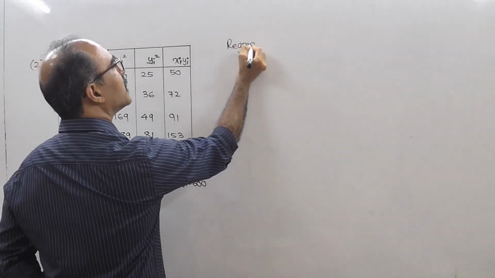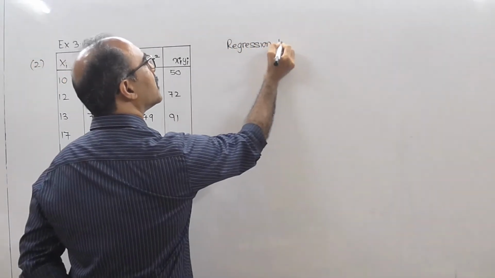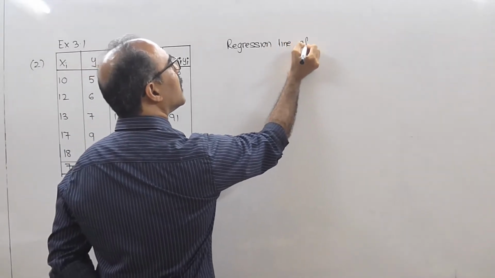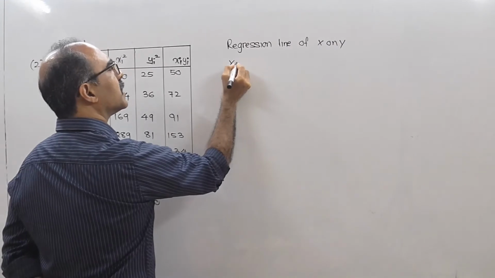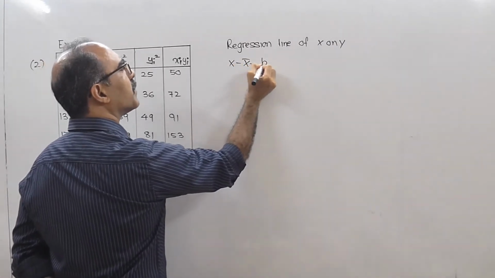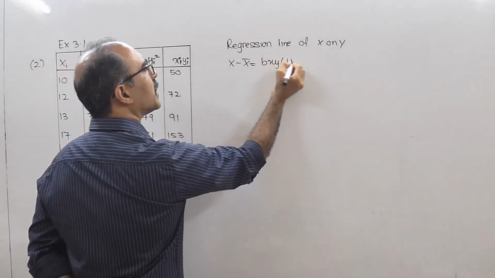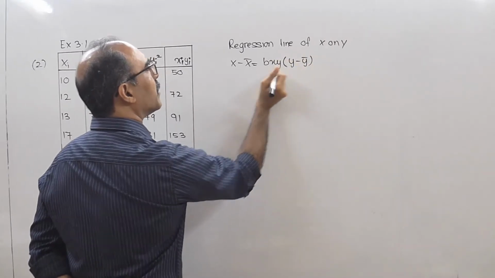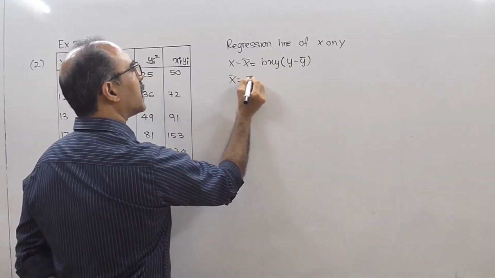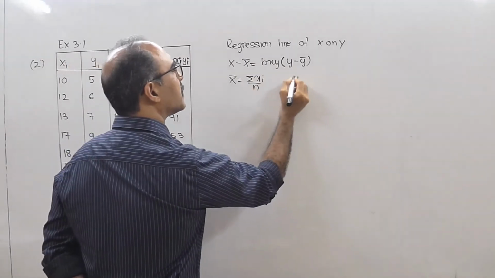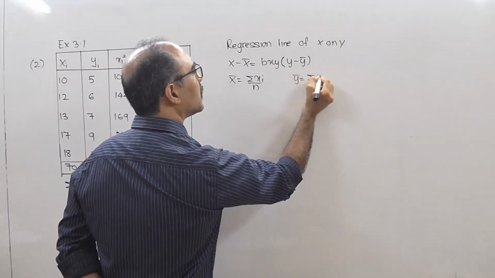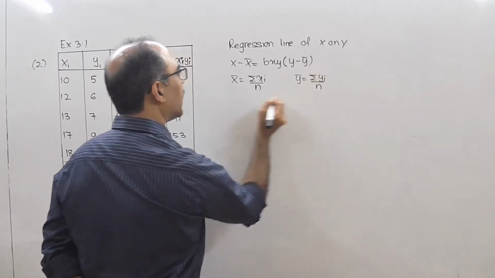So we will start with the regression line of x on y. It is nothing but x minus x bar equal to bxy followed by y minus y bar. X bar is equal to sigma xi upon n and y bar equal to sigma yi upon n.